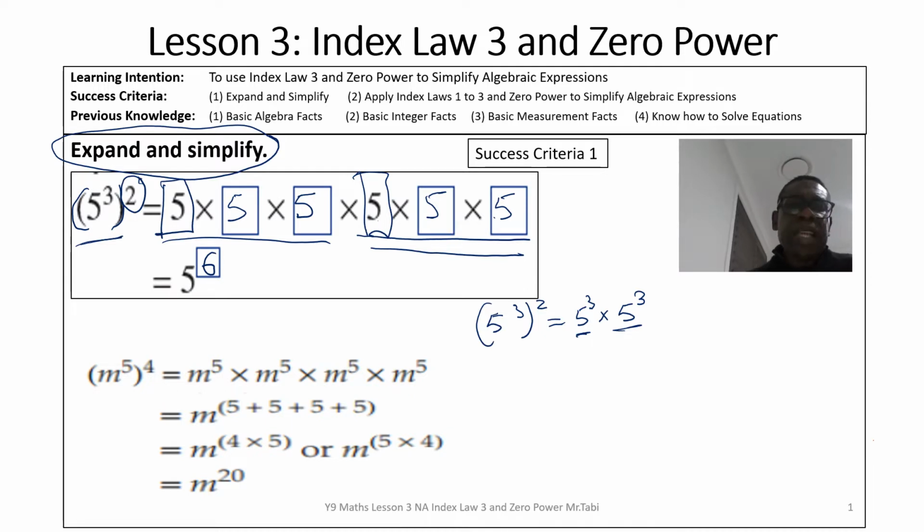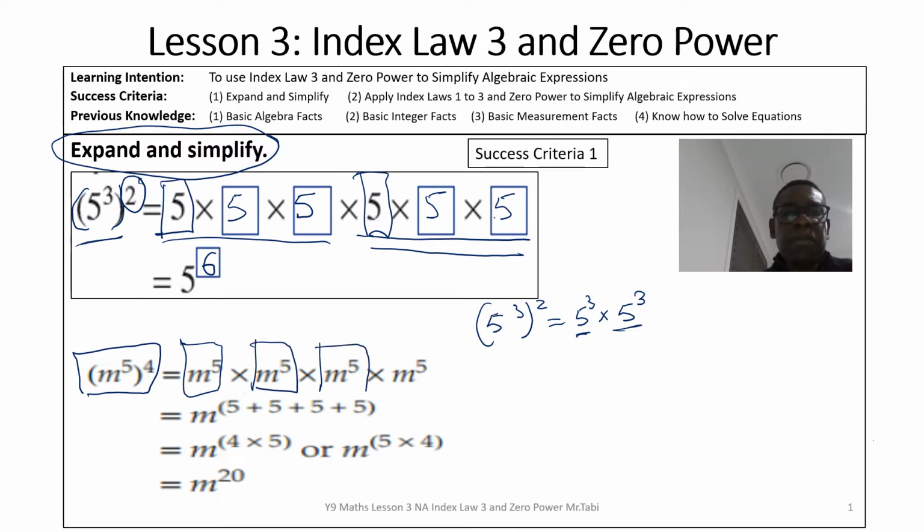Let's have a look at m to the power of 5, all to the power of 4. What this means is that you've got m to the power of 5 times m to the power of 5 times m to the power of 5 times m to the power of 5.